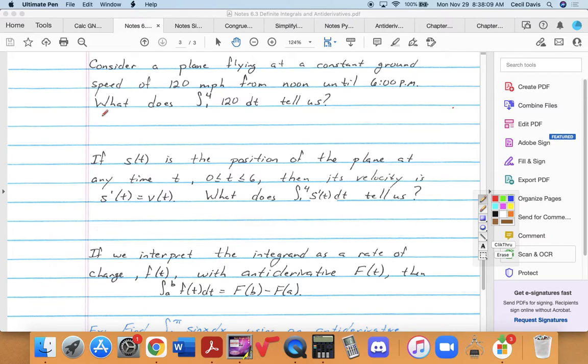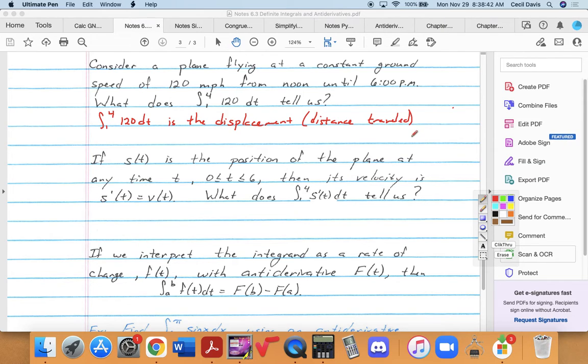So the integral from 1 to 4 of 120 dt is, you can either use displacement or you can say the distance traveled. Isn't there a difference between distance and displacement?